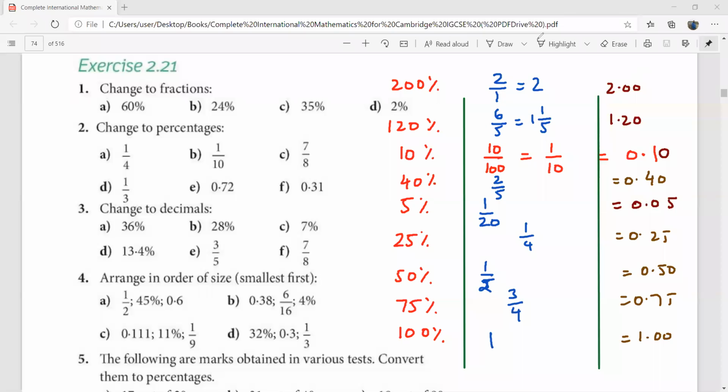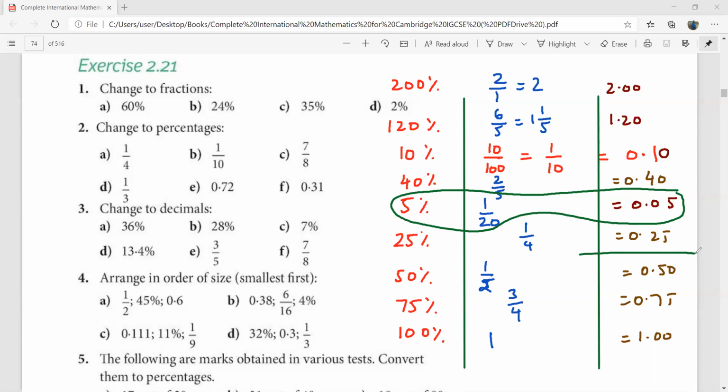As you have seen here, when you write 5% as a decimal, that is going to be 0.05, and 50% is going to be 0.5. 50% actually means a half.